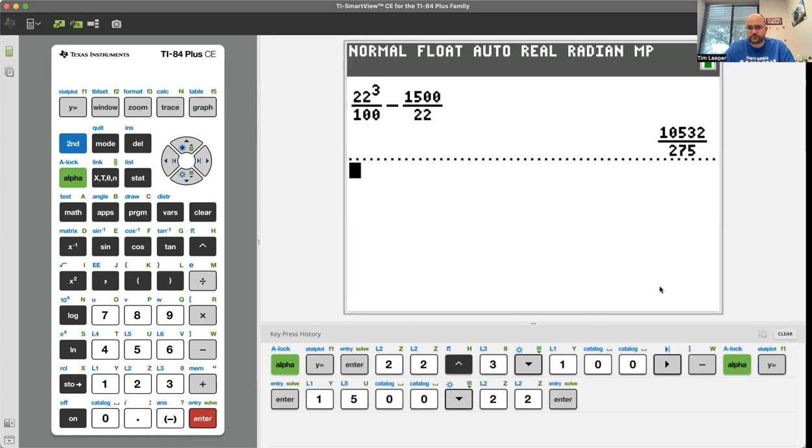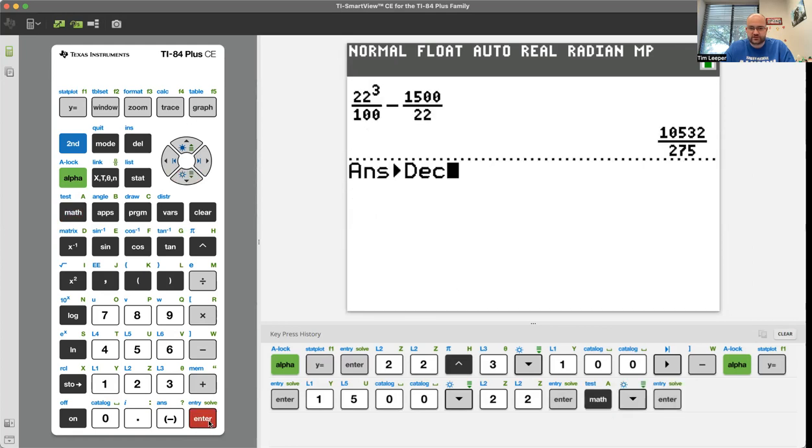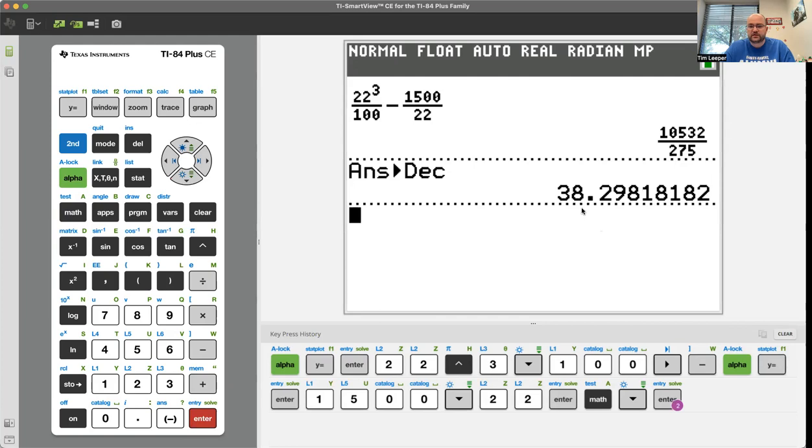And there we go. Now it'll give us a fraction. So if we want a decimal, press math, go to number 2 and click enter, and then enter again. And there we go. So this will be 38.2981, and so on. I'm going to round this to the nearest thousandth, so it's 38.298.